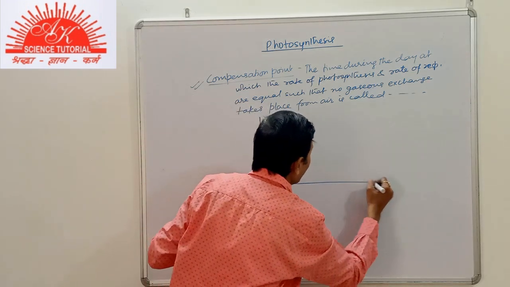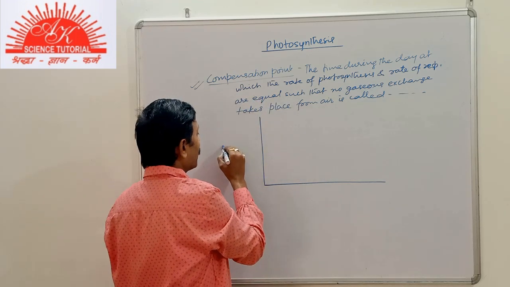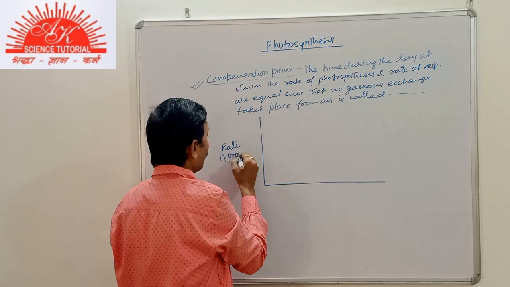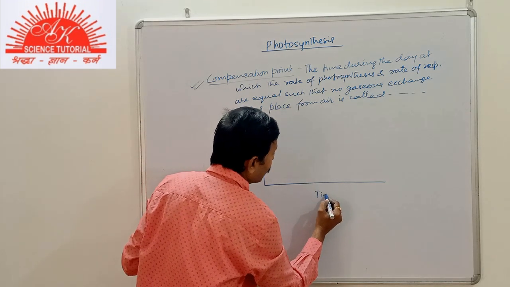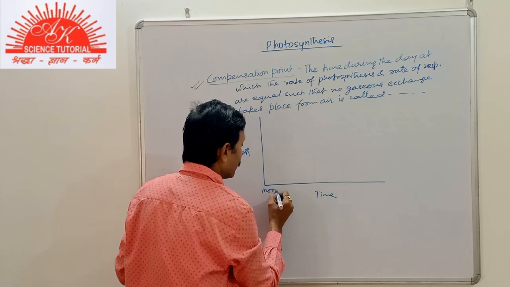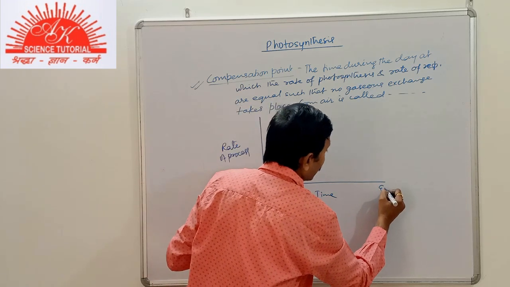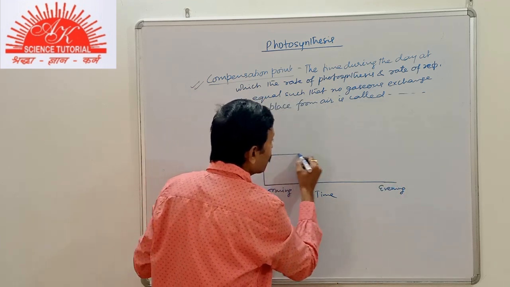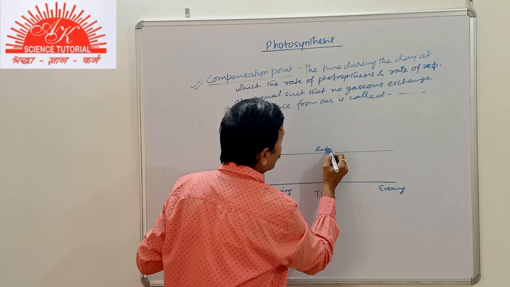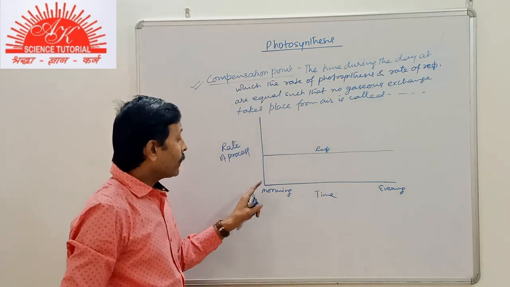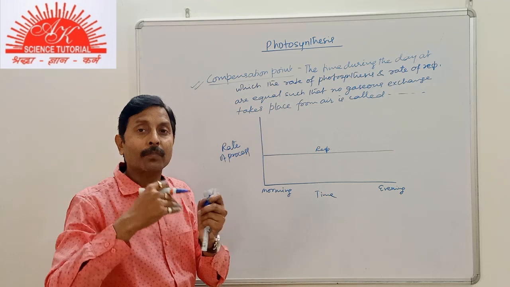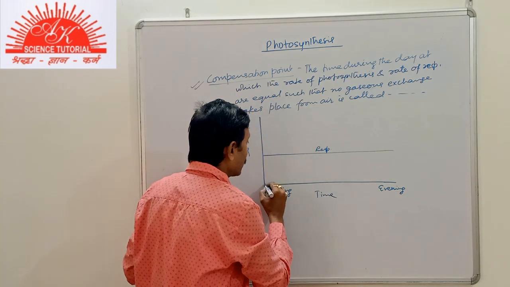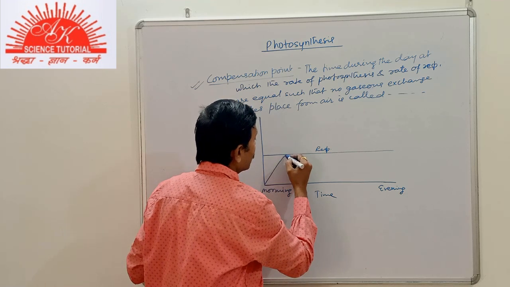It can be represented by this graph. Suppose here is the rate of process, and here is the time during the day, like this is morning, this is evening. Now you see that respiration takes place almost at a constant rate. But in the morning, photosynthesis starts from zero. Gradually, with increasing intensity of light, the rate of photosynthesis increases.